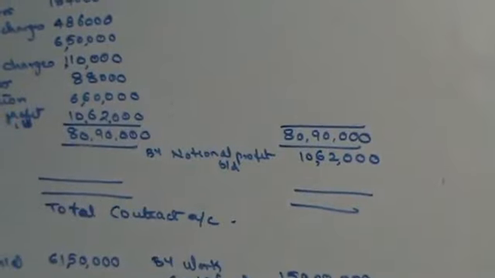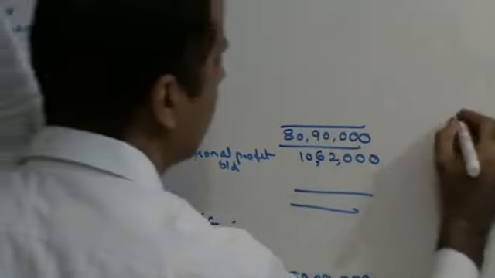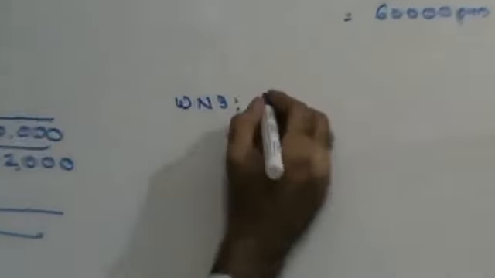Right? Now, let's read that closing paragraph carefully. Working note 3. How do I get the profit? Profit is given to you in that closing paragraph. Let's read each word carefully there.